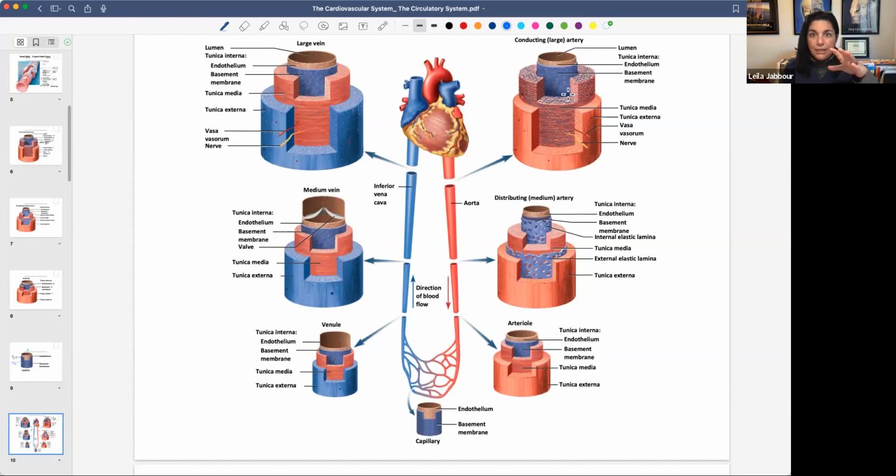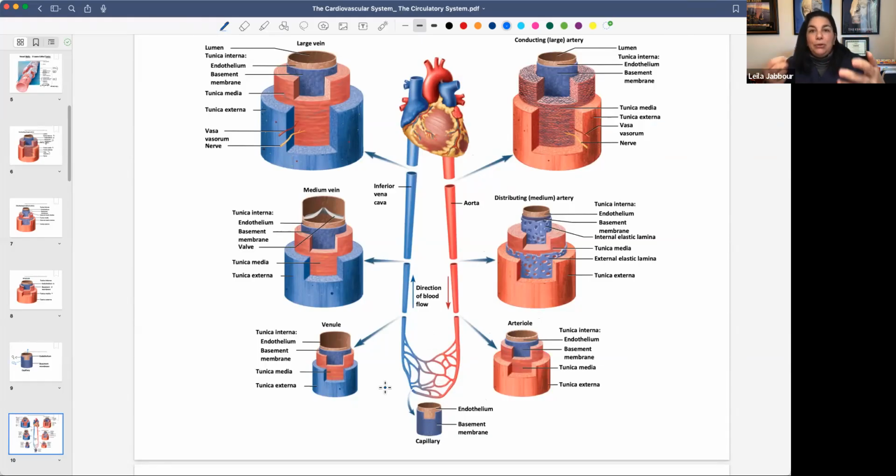This is the summary on the right side of the structures of the three types of vessels we saw, and the capillaries at the bottom. We already talked about the arteries: the large arteries, medium arteries, and arterioles. These are going to reach the size of very small capillaries that form the capillary beds.